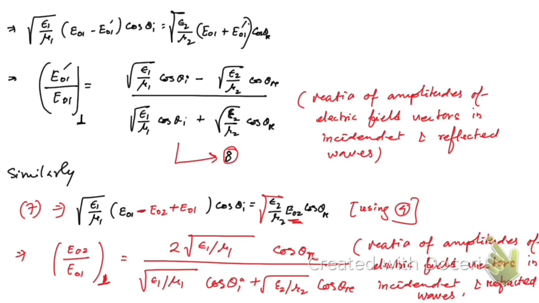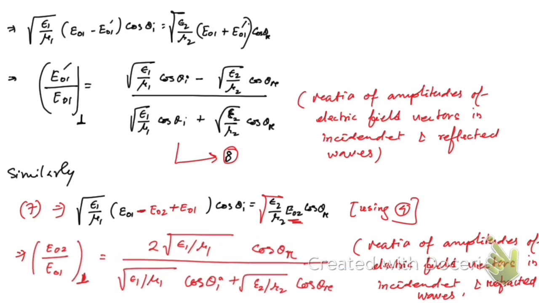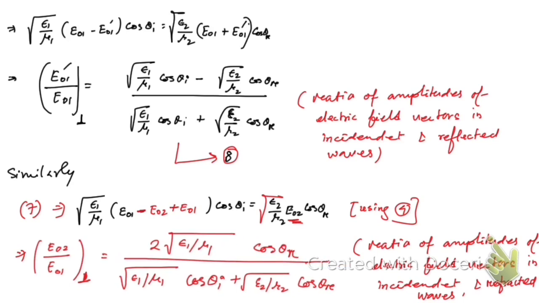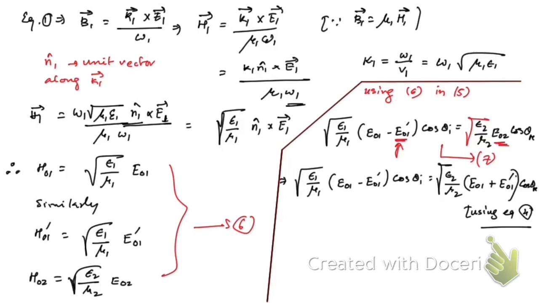Let me take this as equation number 9. And let me tell you one more thing: here you can see this is n1 cap cross E1, the cross product of n1 and E1.